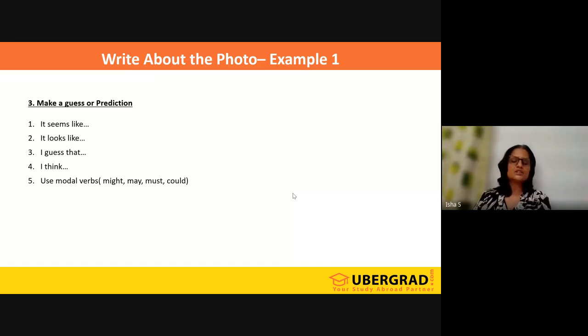Okay, let's do the prediction part. It seems she was confused whether to buy. Very good prediction.